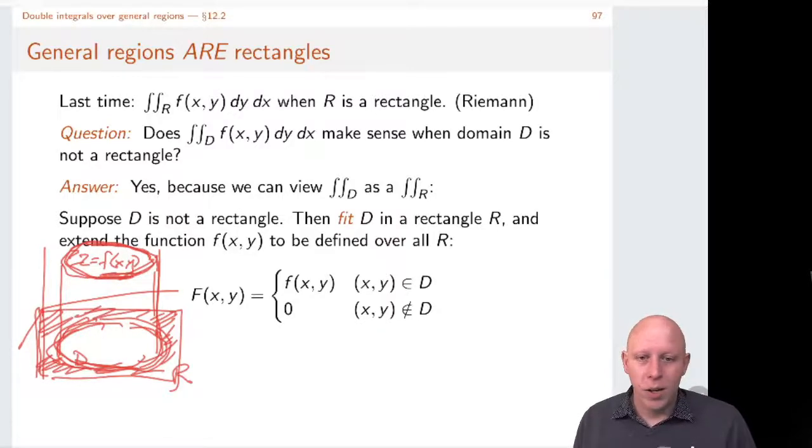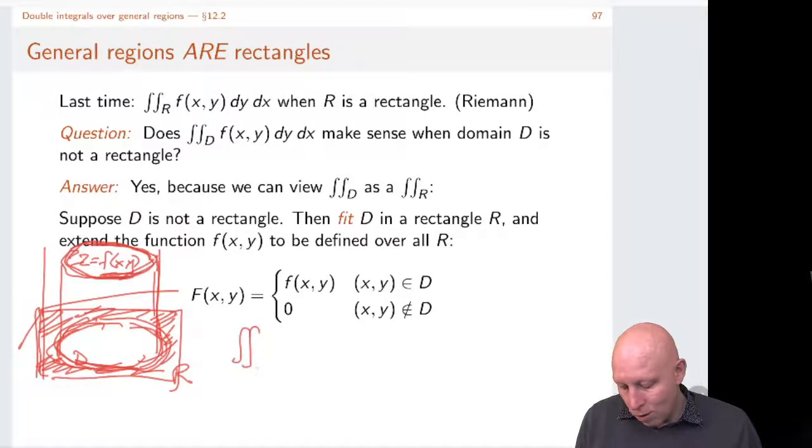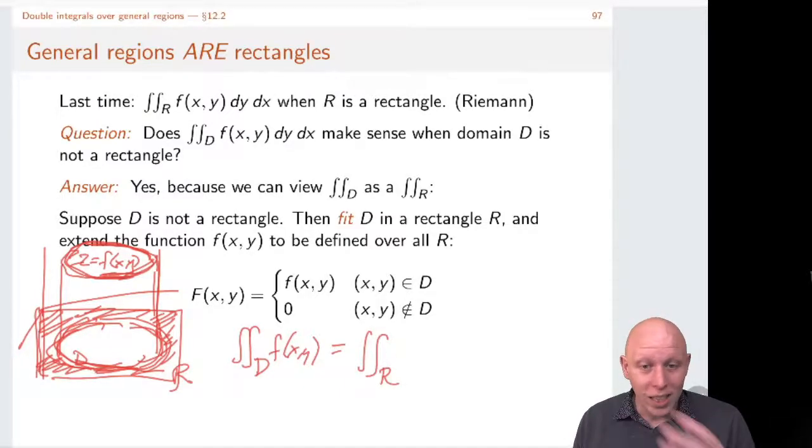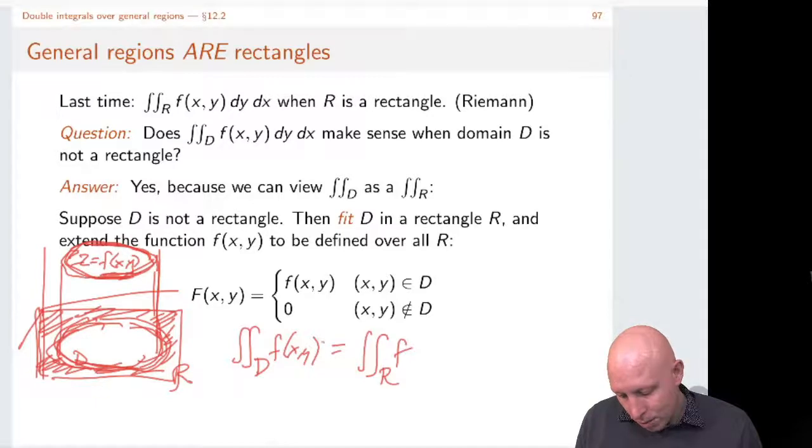And so if we add up all the volume under this function that's 0 everywhere else, that's going to give us 0. In the end, the integral over D of little f of x, y is going to be equal to the integral over the whole rectangle of capital F of x, y dA.